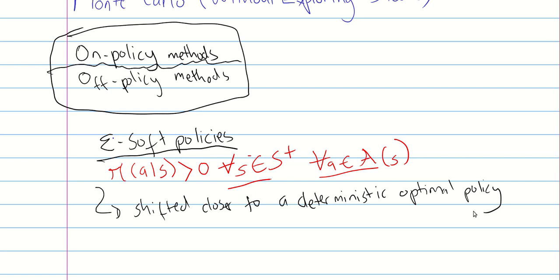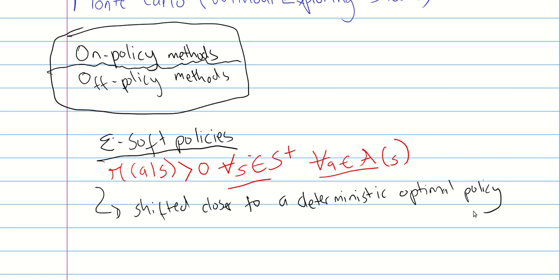If you've got a policy whereby, if I'm in a particular state and I want to take a bunch of actions in that state, and every single action has a probability greater than 0 of being taken, then we've got something that has a bit of exploration in it. Because every action has a chance of being taken, and we are going to need this. If you think about it, in Monte Carlo we're sampling episodes.